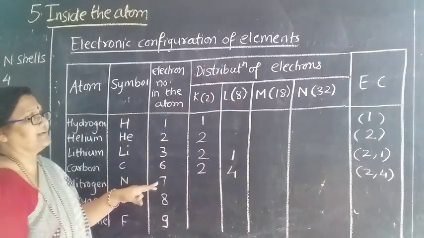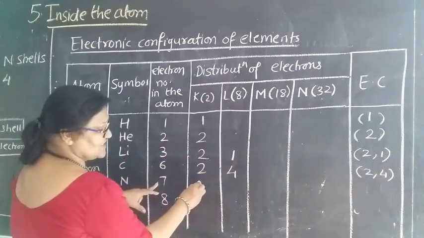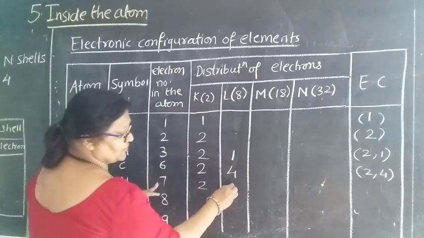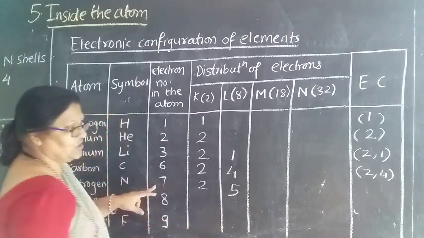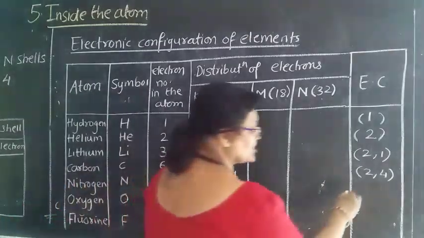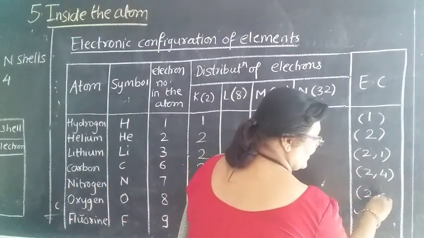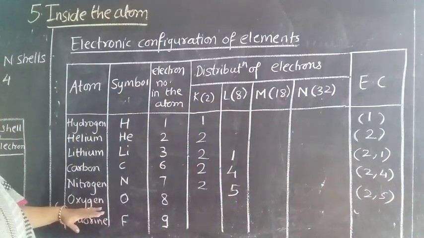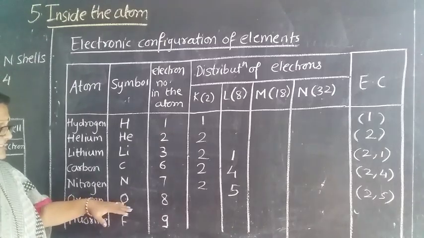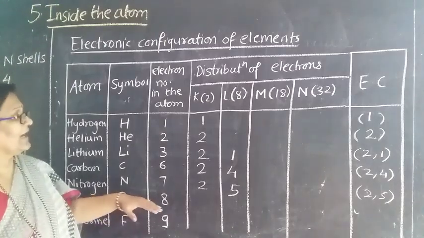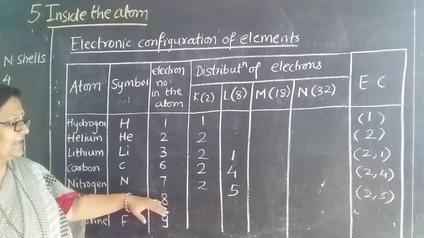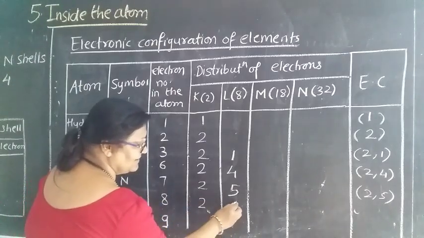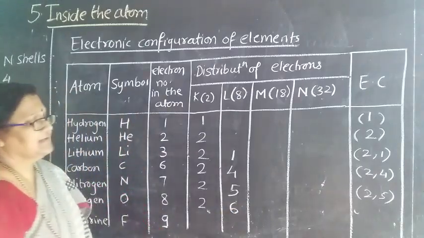Now next one, nitrogen, which has the symbol N, and the number of electrons in the atom is 7. The K shell accommodates 2 electrons, and the remaining 5 electrons will be put into the L shell. So the electronic configuration will be 2, 5. Now oxygen has the symbol O and 8 electrons in the atom. So here it will be 2 and in the L shell it will be 6.